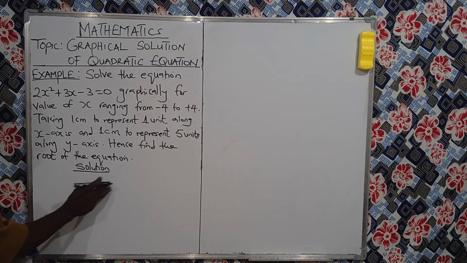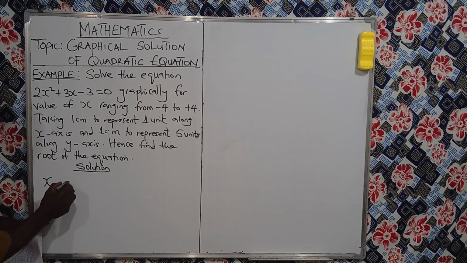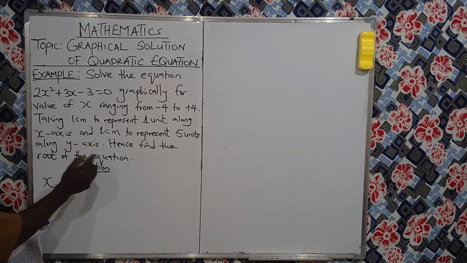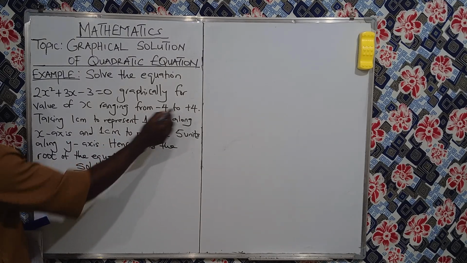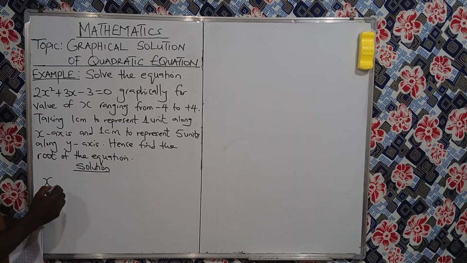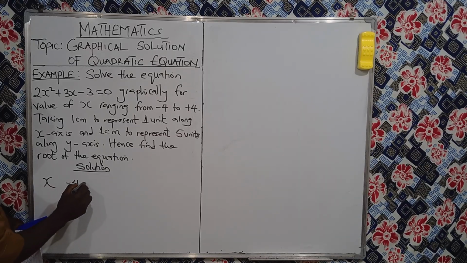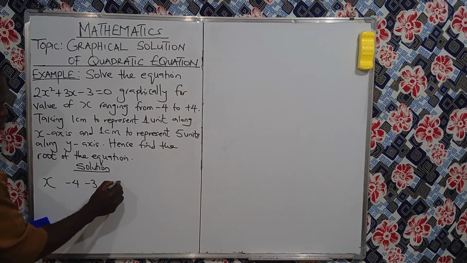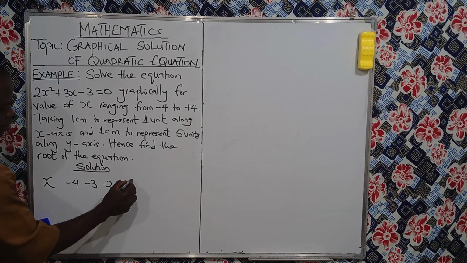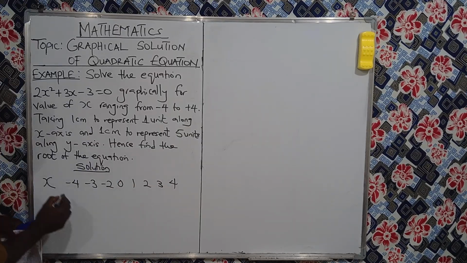And let's see, we're having x, what are the range of the value of x? -4 to +4. That's -4, minus 3, minus 2, 0, 1, 2, 3, 4.